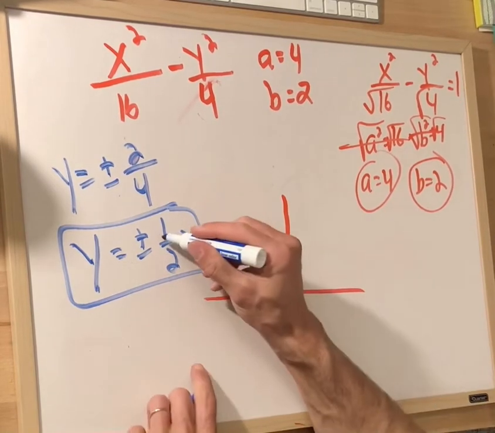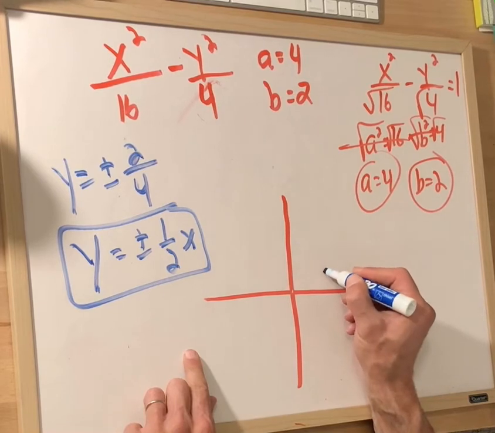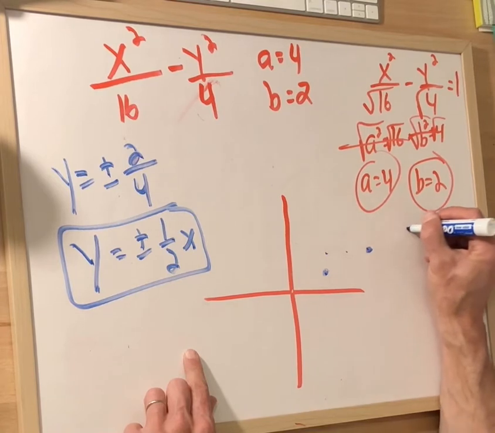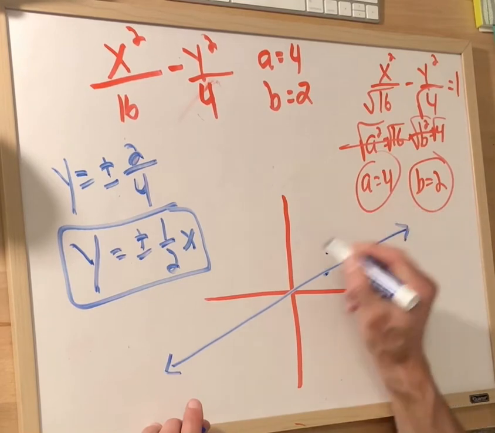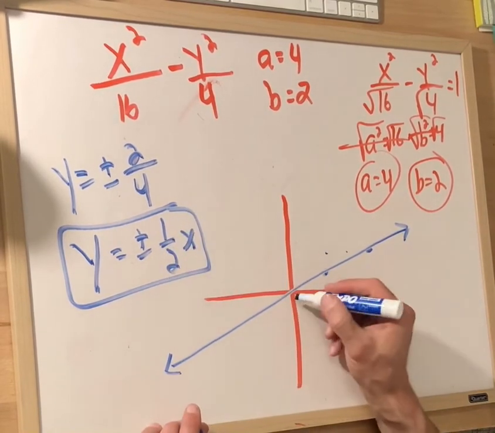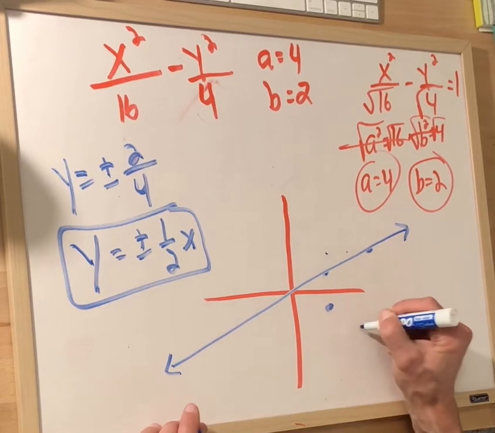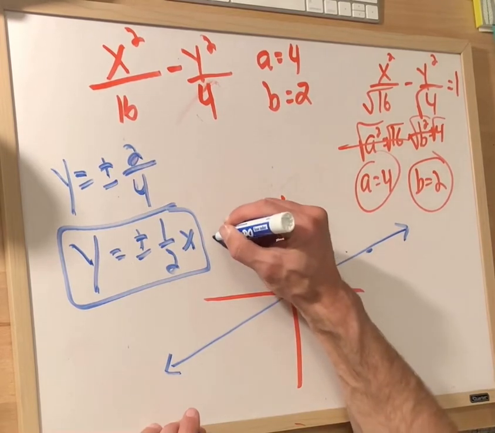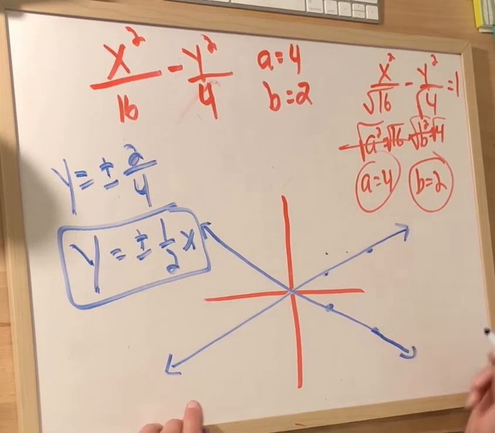To graph up 1 over 2 positively, I go up 1 over 2, up 1 over 2. Then I will continue this. And then, to graph a negative 1/2, I would go down 1 over 2, down 1 over 2. And you're going to see I'm going to have 2 symmetrical lines. Okay, these are called your asymptote lines.